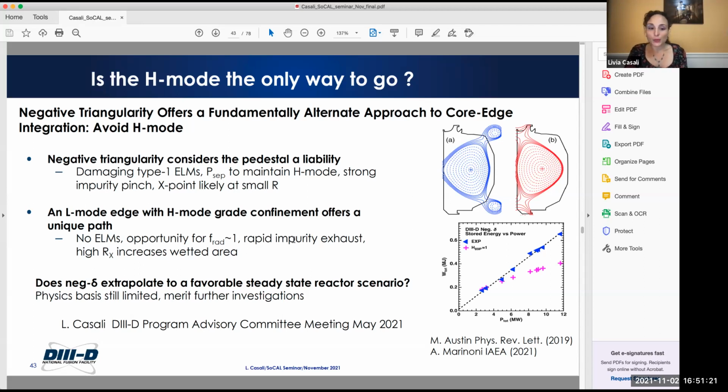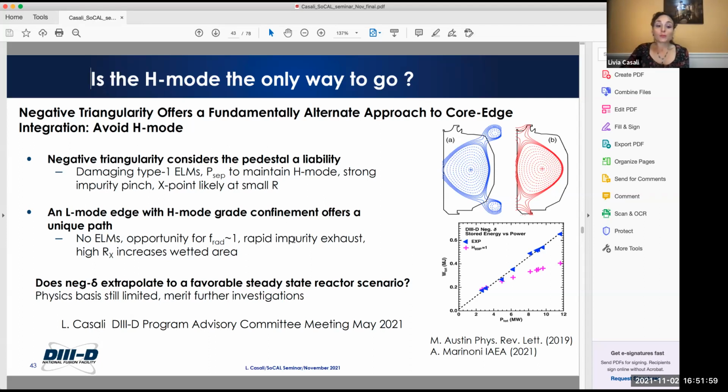This is a slide I presented at the DIII-D Program Advisory Committee earlier this year in May to discuss plans for DIII-D. And this is where we made a case, for instance, to study negative triangularity. Negative triangularity offers a fundamentally alternate approach to core edge integration by avoiding going to H mode, pretty much removing all these issues that I just listed.